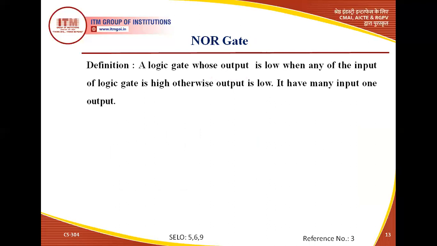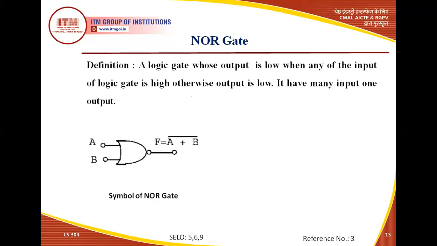That's why it is also called a low level logic, while the NAND gate is called positive logic or high level logic. Because in the NOR gate, if any of the inputs is high, it will definitely generate the output low, while in the case of the NAND gate, if any of the inputs is low, it will definitely generate the output high.